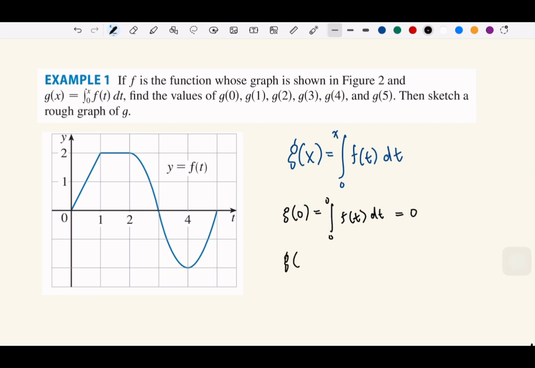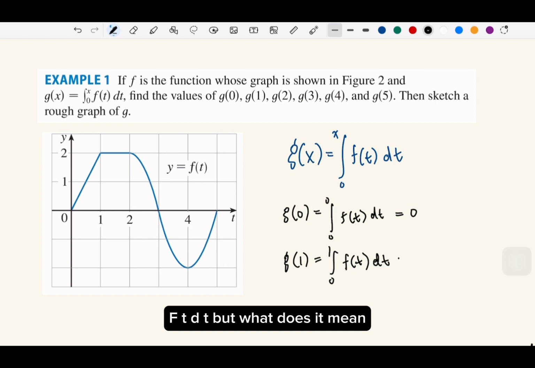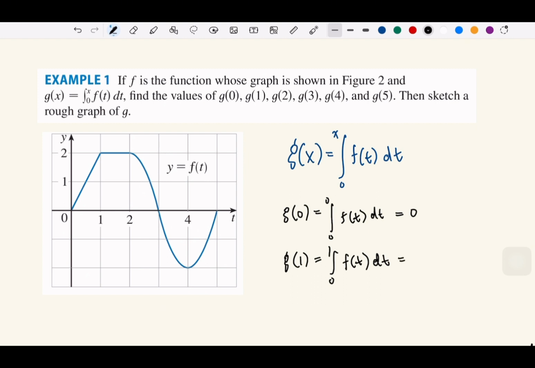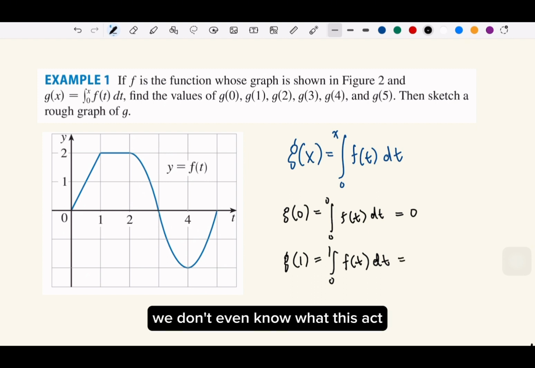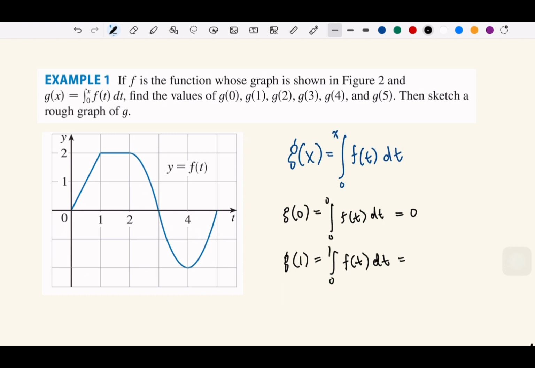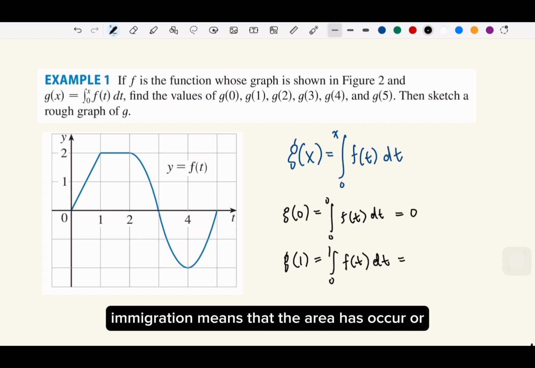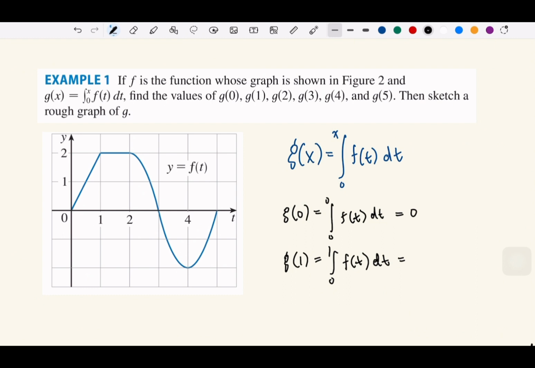And then g of 1, basically it's the integral from 0 to 1 of f(t) dt. But what does it mean? We don't even know what f is, but we know the graph. Integration means the area under the curve, or you can say under or above the curve, according to this axis.